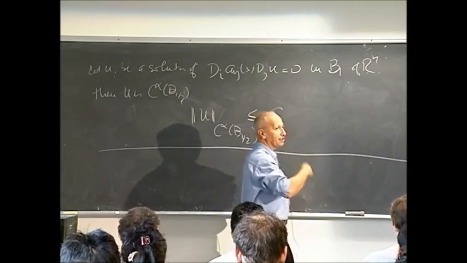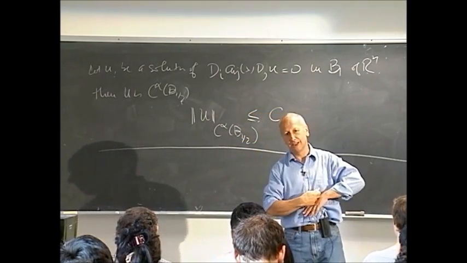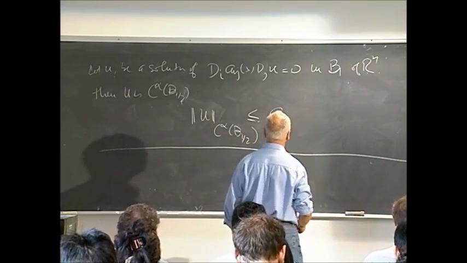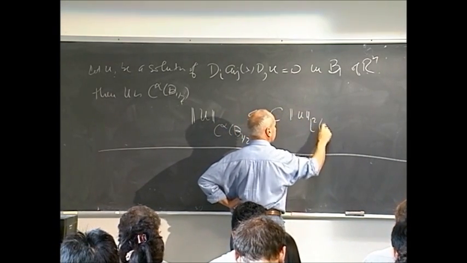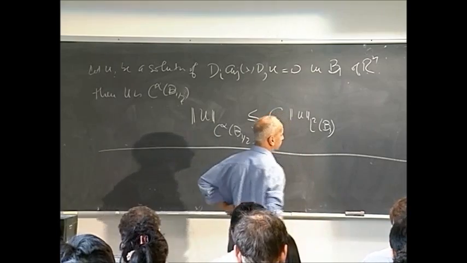All constants, if I don't specify, depend only on the ellipticity. Constant times the L2 norm of u in B_1.